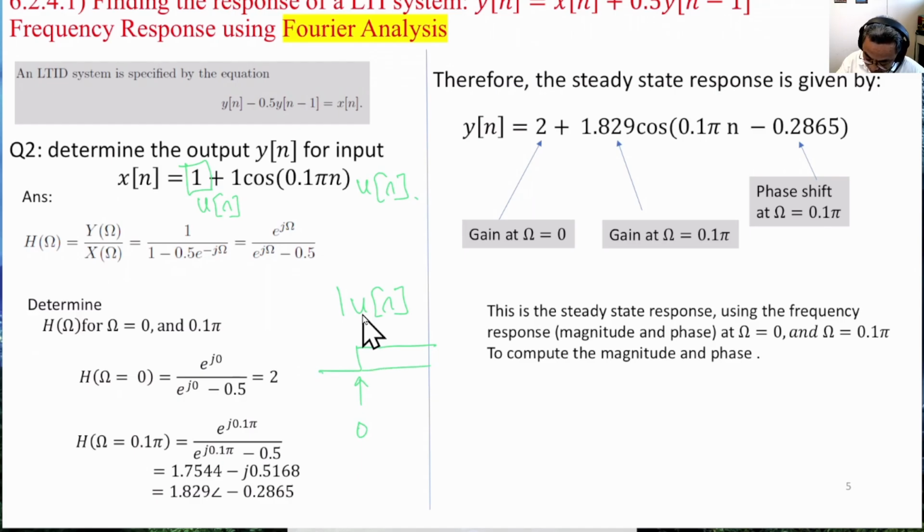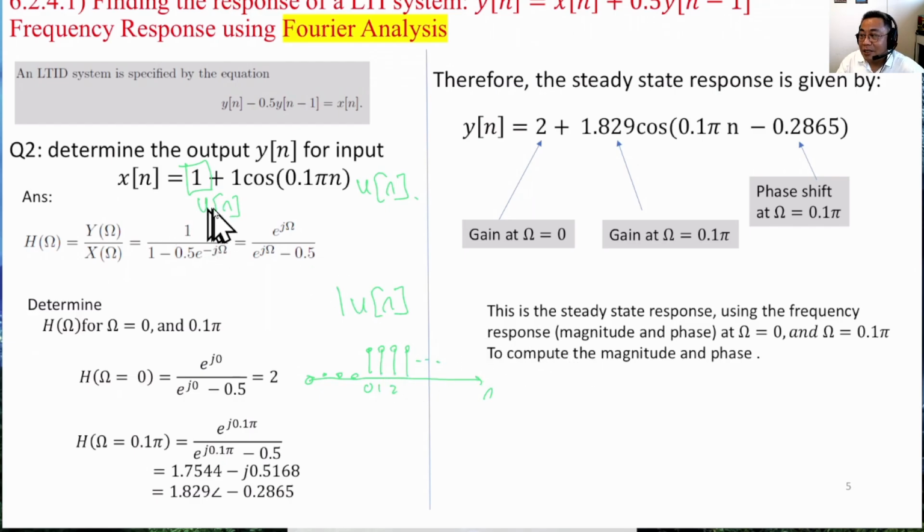So here, I should not draw it this way, it should be infinity, and along here is n, and this is 0, 1, 2, and here. So if you try to perform the z transform of this, the Fourier transform of this, it wouldn't exist because it doesn't converge, it goes to infinity.